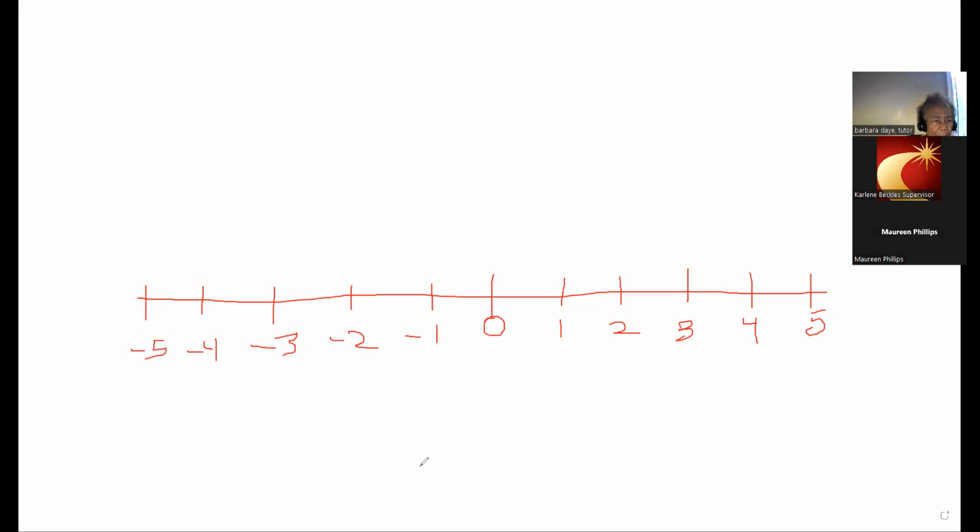Okay, now I want to put, let's see. Now I'm going to put a marker here, marker here, one here, and one here.